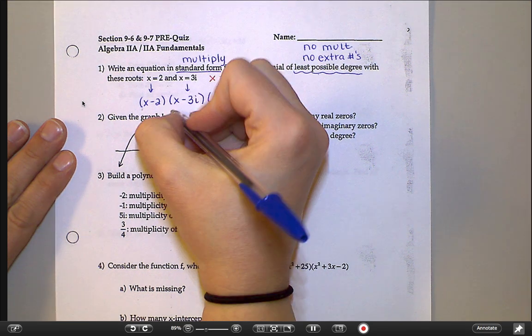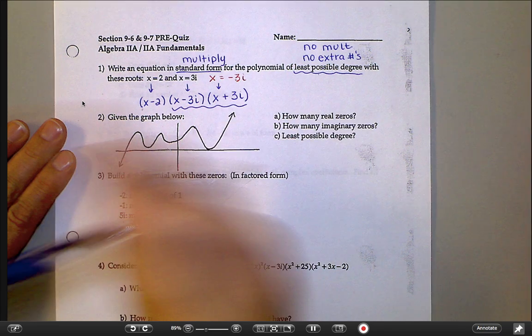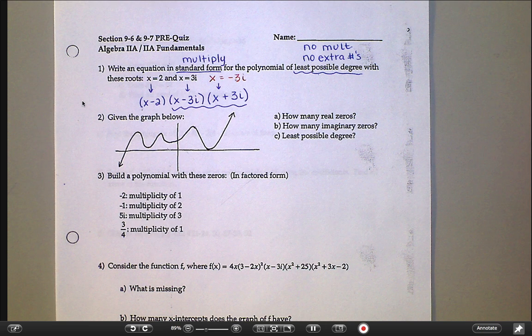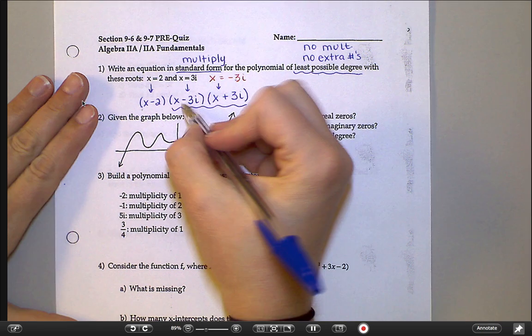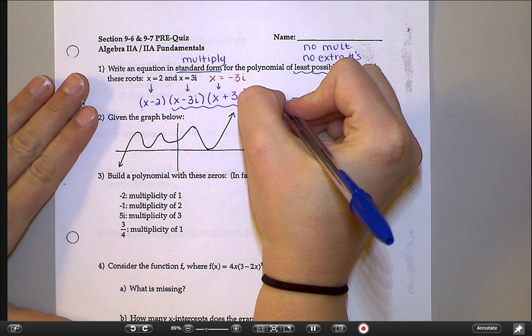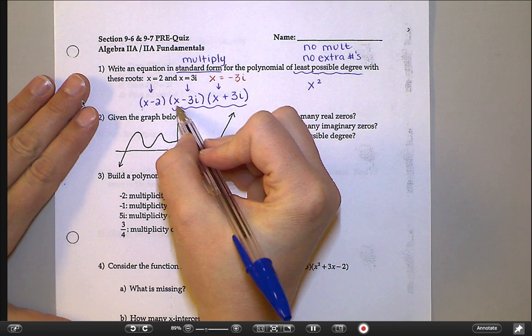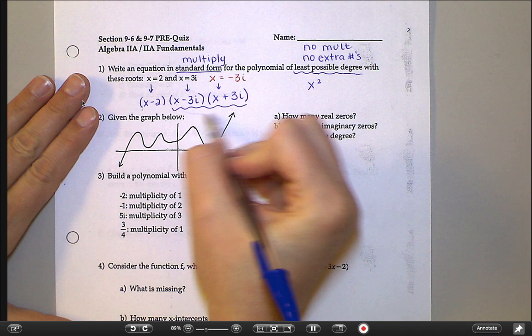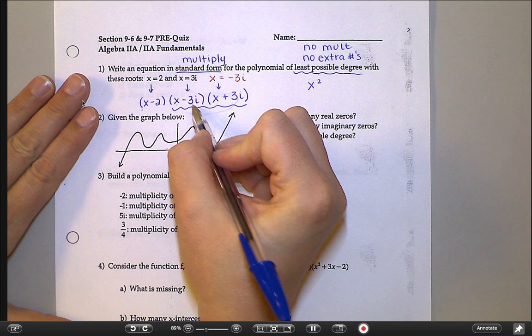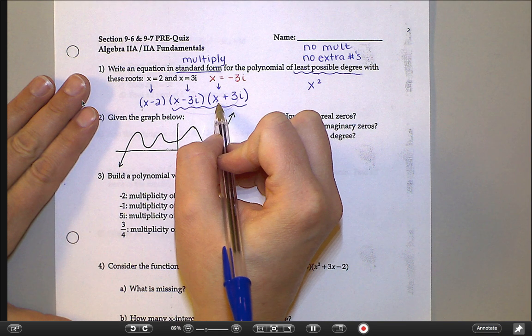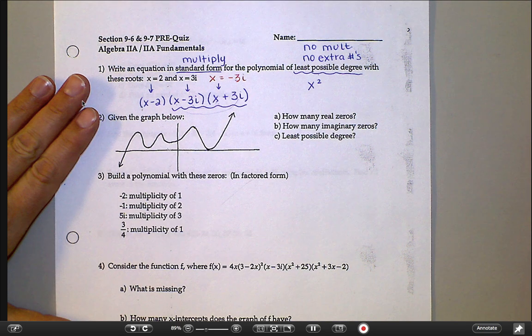Because I know this is going to work out really nicely, I'm going to start by multiplying these two. And we've done enough of these that you might be starting to get what this result will look like, but x times x is x squared. I'll put it up here. And then here I'm going to end up with positive 3i x and then negative 3i times x. Because these two things are conjugates, that's sort of designed to make those middle terms drop out, right?